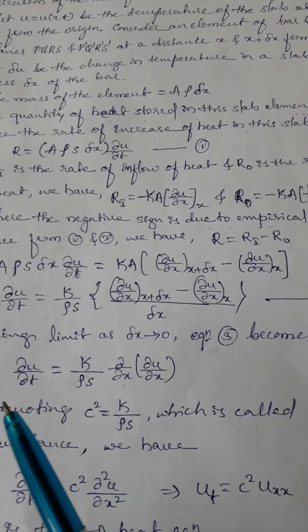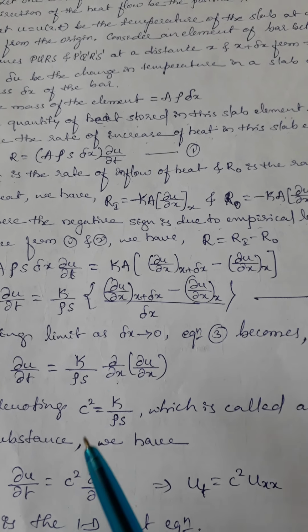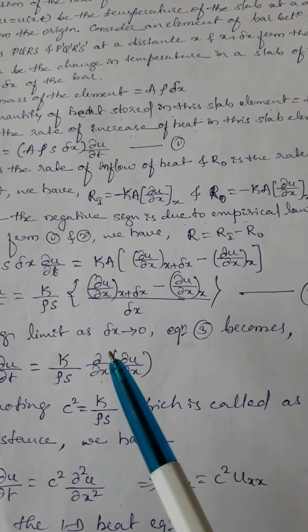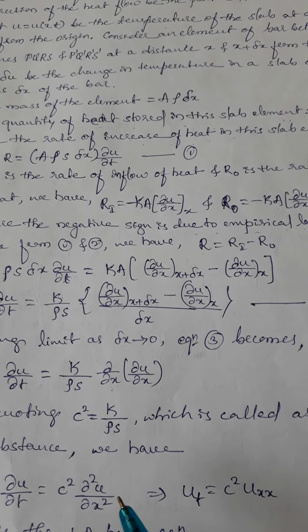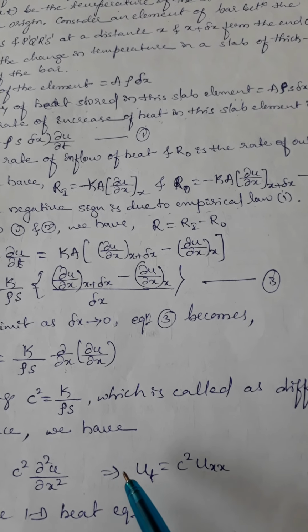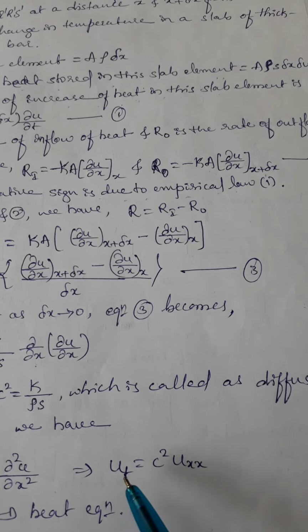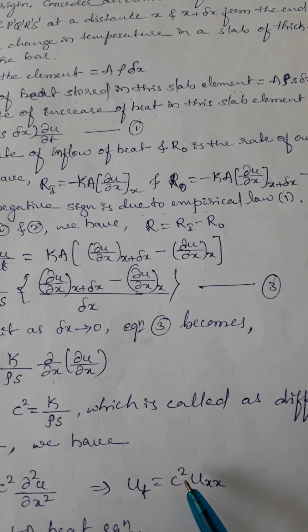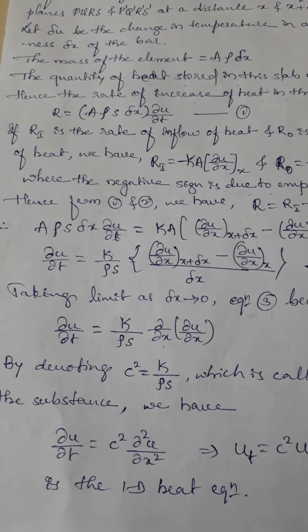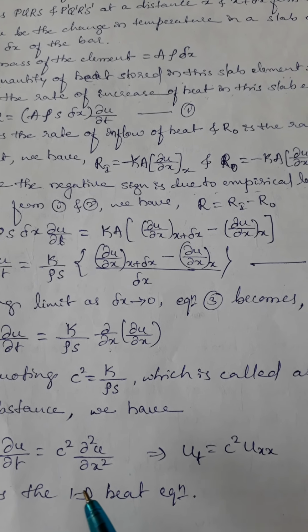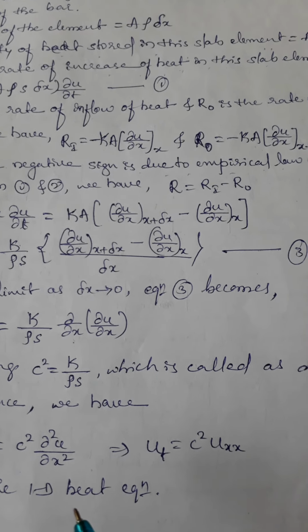Therefore we have dou u by dou t equal to c square dou 2u by dou x square, and in the notation we can write it as ut equal to c square uxx, which is the one-dimensional heat equation.